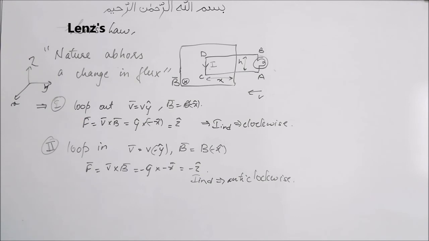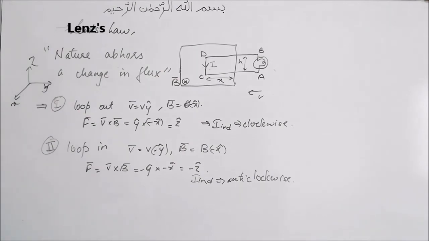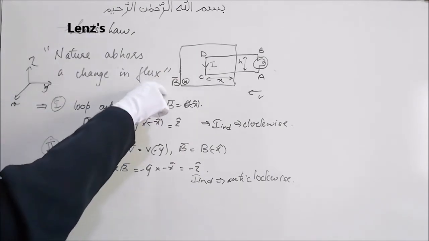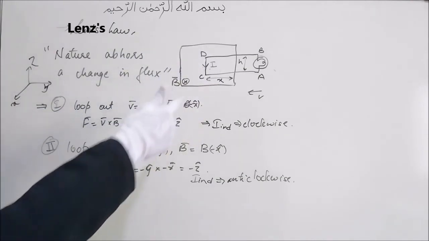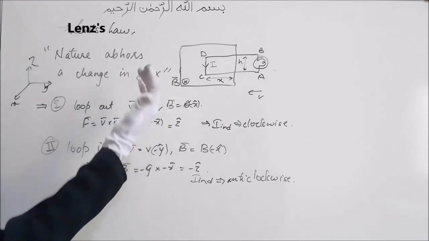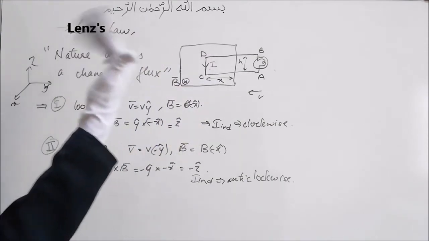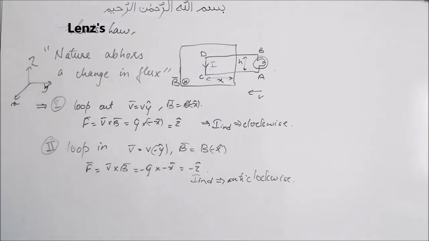And in order to decrease this magnetic field, this current will produce a magnetic field which will be in the opposite direction to this magnetic field. So if I take here, the magnetic field is going inwards, right? So this current will produce a magnetic field which will be opposite to this. That means our magnetic field because of this current should come outwards. Curl your fingers, current will be along the anti-clockwise direction.